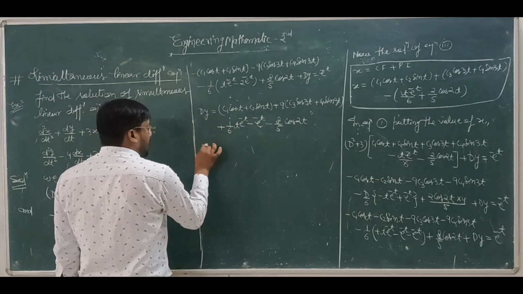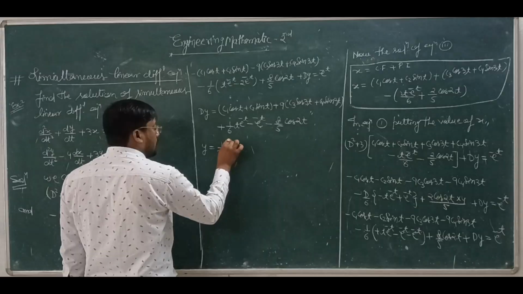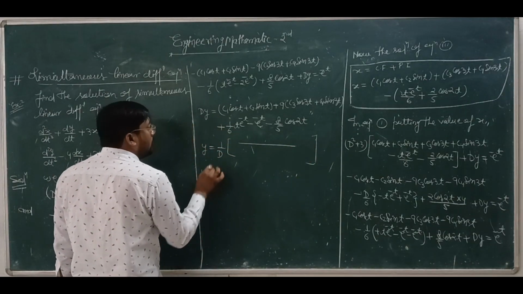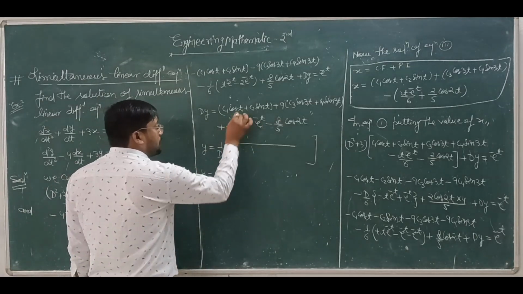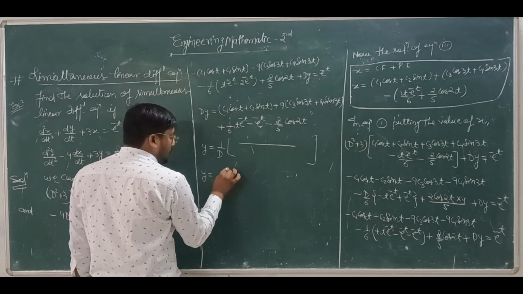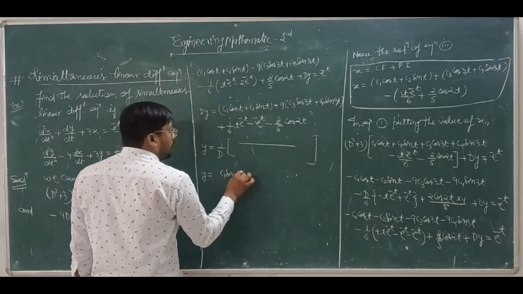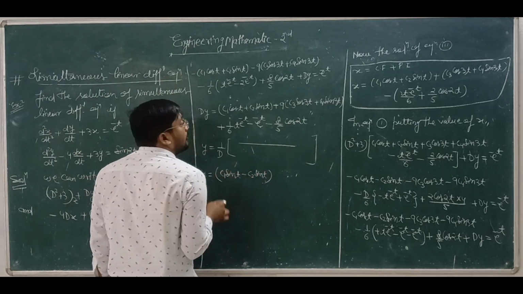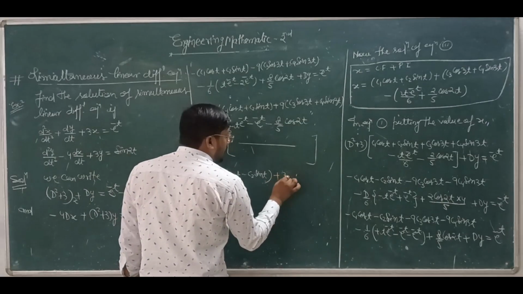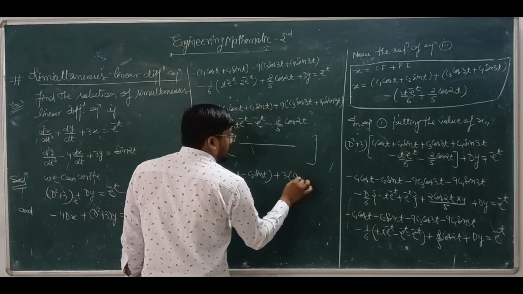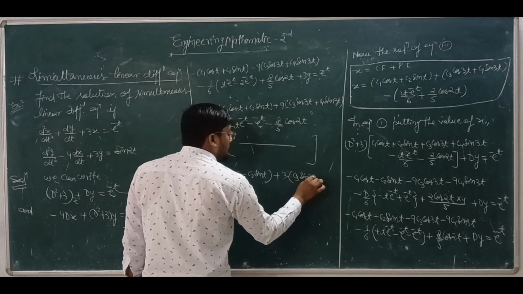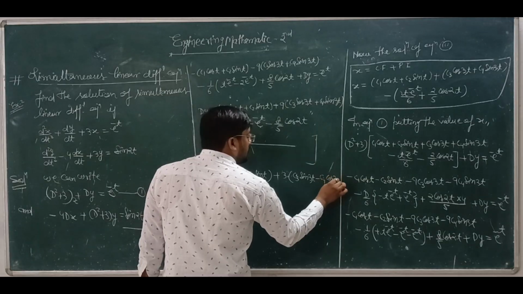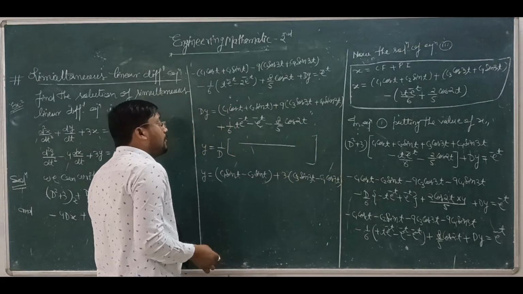Now y is equal to 1 by D. Put the value of this. Now you can write y is equal to integrate of this function with respect to t. Now you can write c1 sin t minus c2 cos t plus 3 c3 sin 3t minus c4 cos 3t, 9 by 3, this means 3.